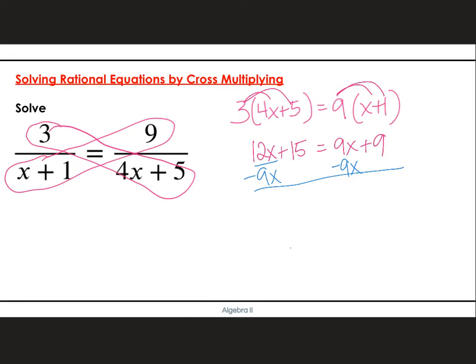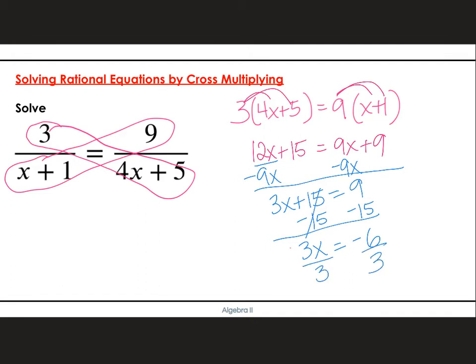So that's going to give me 3x plus 15 is equal to 9. I'm going to subtract 15 from both sides. So I have 3x, those will cancel, and 9 minus 15 is negative 6. Divide both by 3. So x is equal to negative 2.